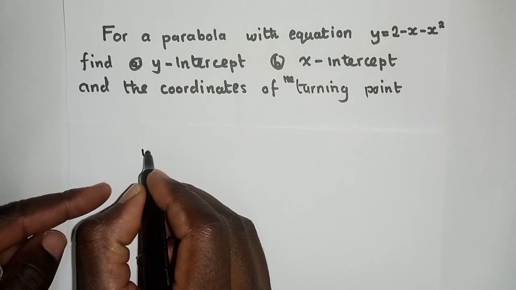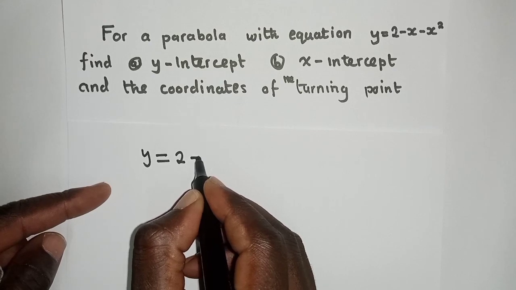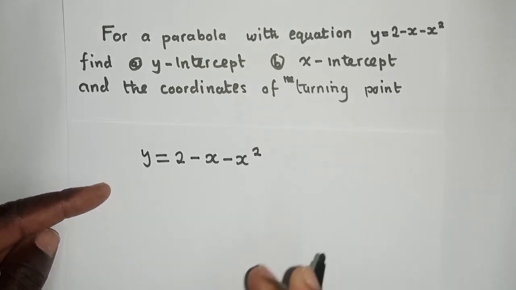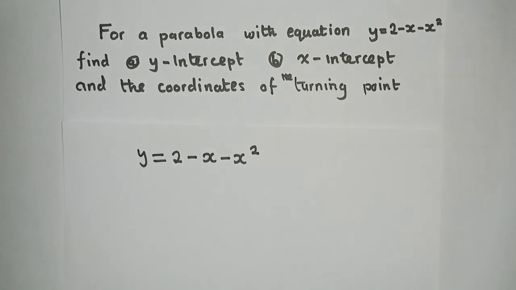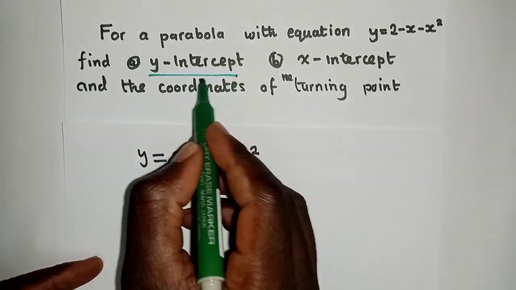get your equation or the function y is equal to 2 minus x squared. So this is what we've been given here. We start with the y-intercept, because the first question says we find the y-intercept.